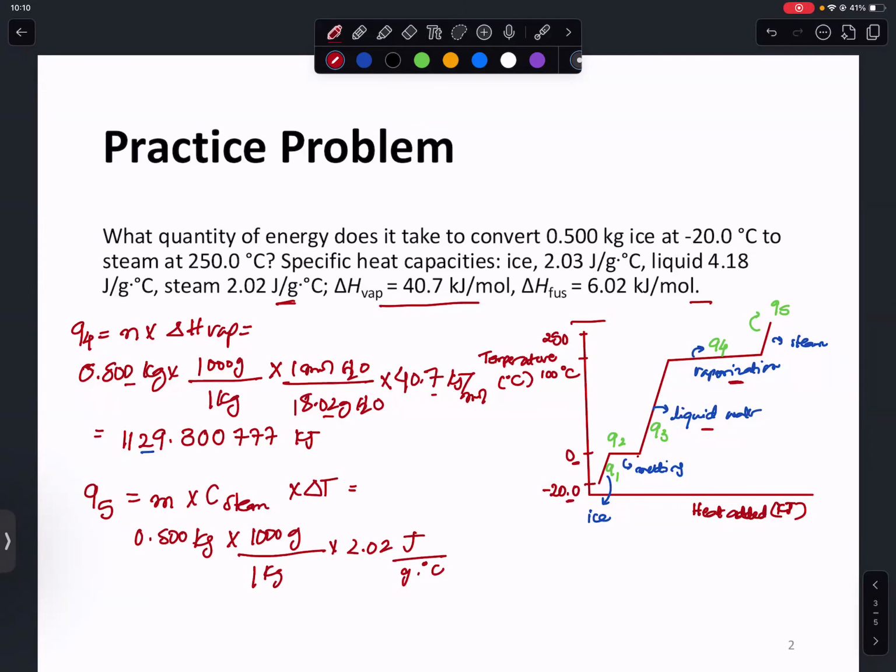Always be mindful of your units. And this right here times delta T. Delta T here, we are going from 100 to 250.